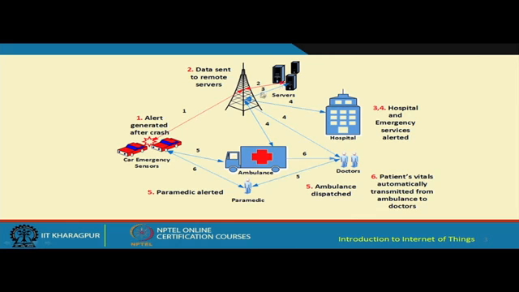From these servers, through the base station, that data would be sent to the hospital and emergency services, to the doctors, to the ambulance, and so on. Accordingly ambulances might be dispatched, doctors might be put on alert, and paramedics might be alerted.